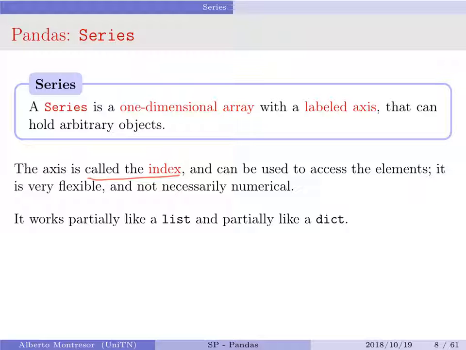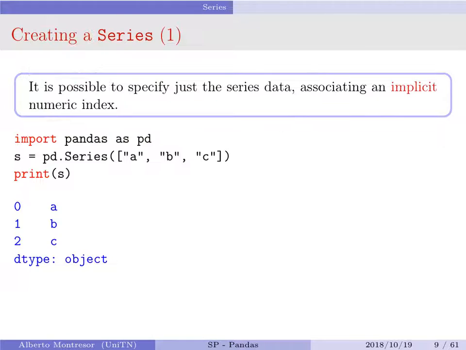Given that it combines a sequential set of data and a labeled, indexed set of data, it combines the good parts of a list, the list data structure built into Python, and the dict, which is the dictionary data structure, which is included in Python.